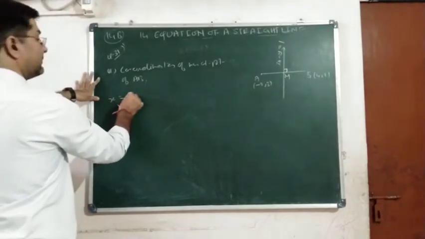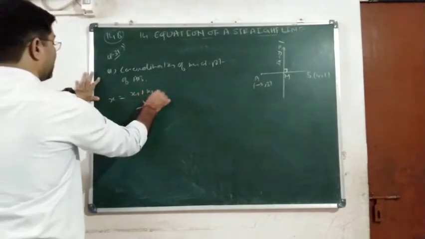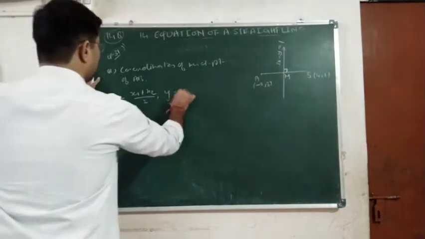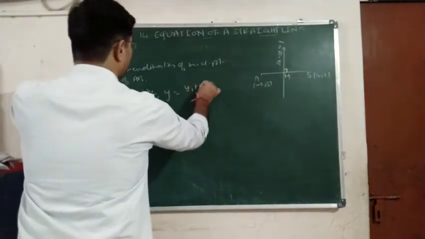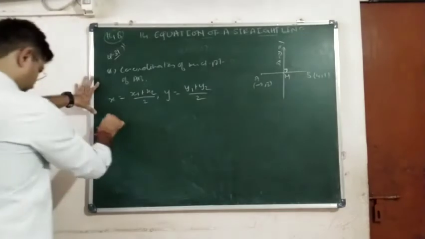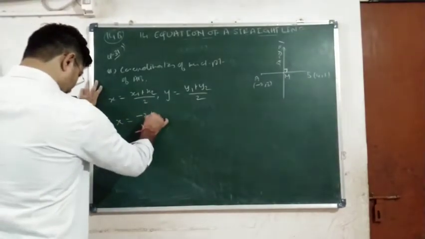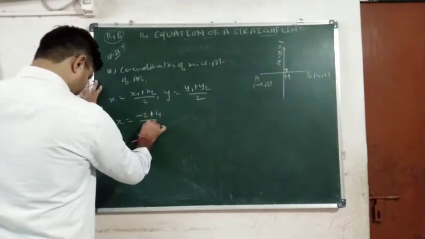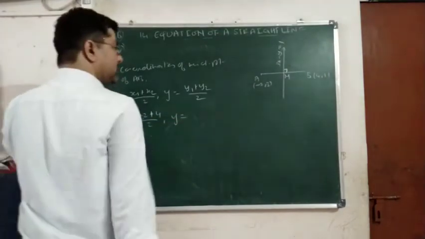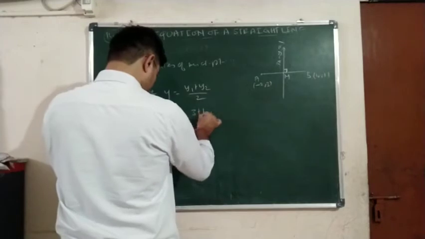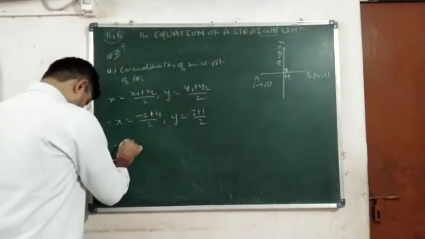Okay, x is equal to (x1 plus x2) upon 2 and y is equal to (y1 plus y2) upon 2. Therefore x is equal to (-2 plus 4) upon 2 and y is equal to (3 plus 1) upon 2.